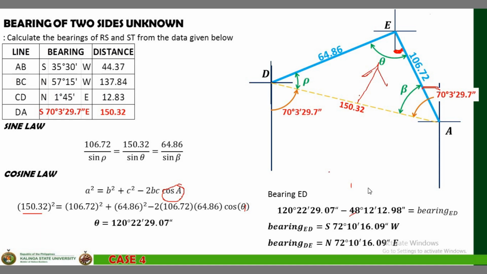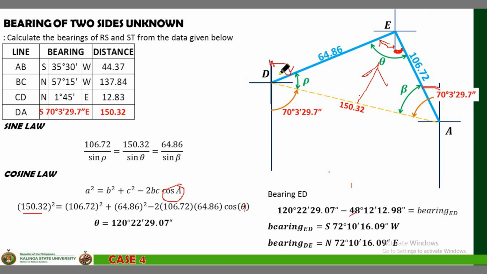Now, if I'm going to take the bearing of DE, if this angle is 72 degrees 10 minutes, this angle is the same, 72 degrees 10 minutes. See, they only differ in direction. From E to D, the direction is from south going to west.